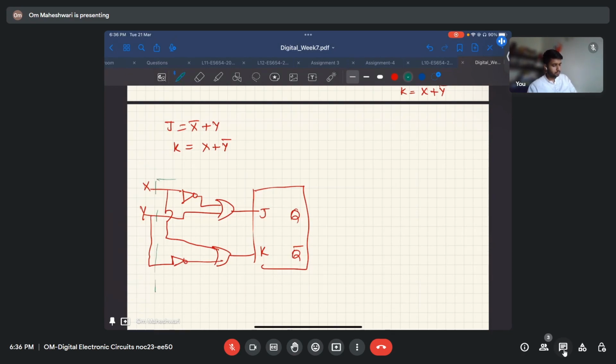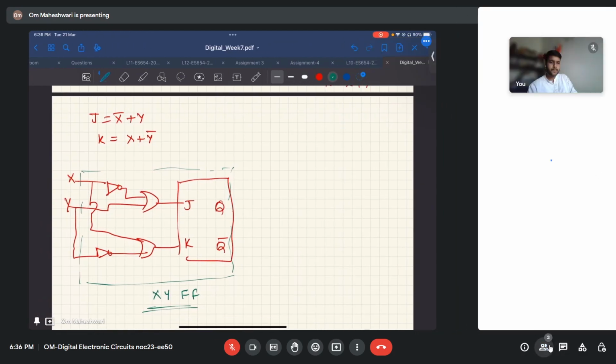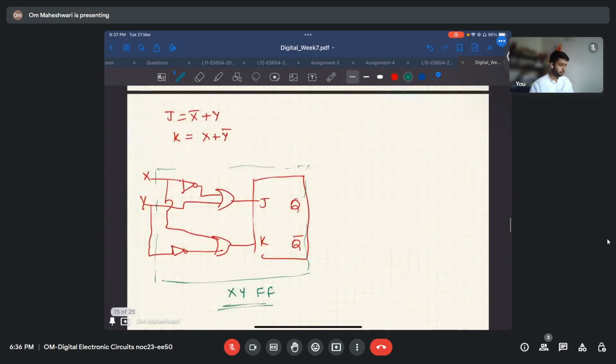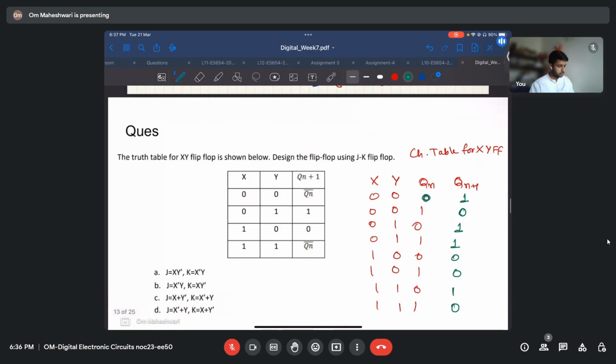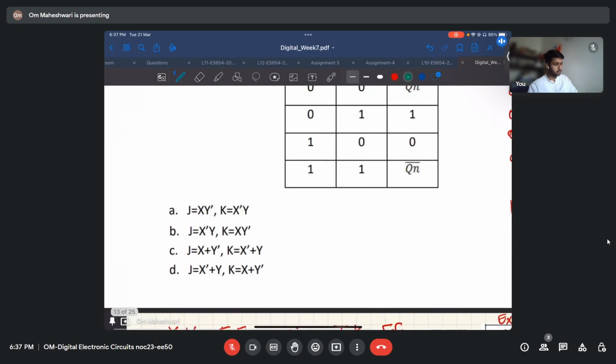So this is the XY flip-flop. So the answer that we have is J is X bar plus Y, K is X plus Y bar.